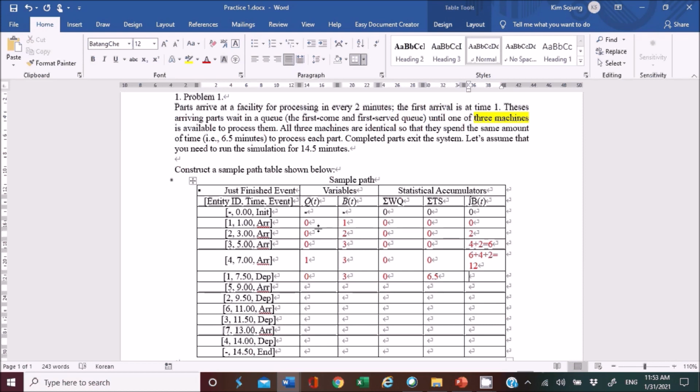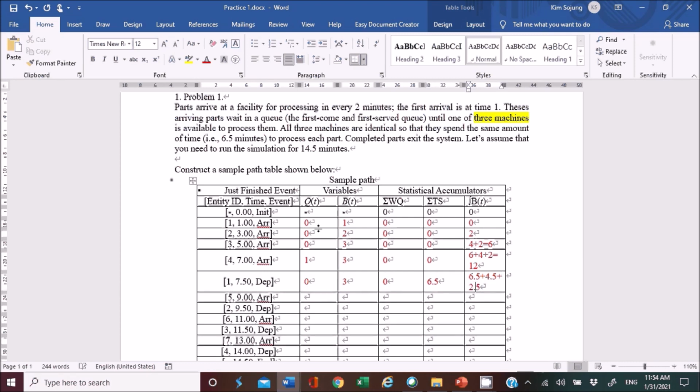And BT, yes, I know it's getting very complicated. So 6.5 plus what? The first entity spent 6.5 minutes, right? And then the second entity spent what? 4.5 minutes, right? And then the third entity spent how much? 2.5, right?